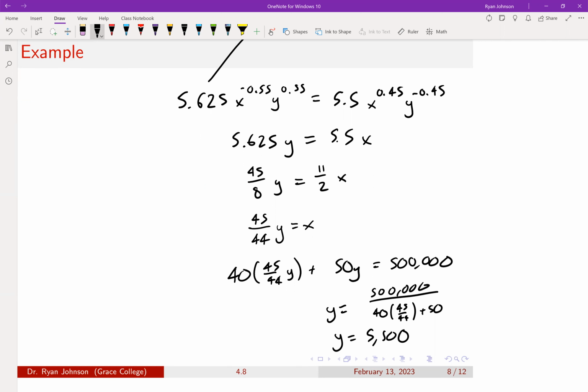Well, let's put that back into our constraint then. x is just that times 45 over 44. So take that number times 45 divided by 44, and x is 5625.